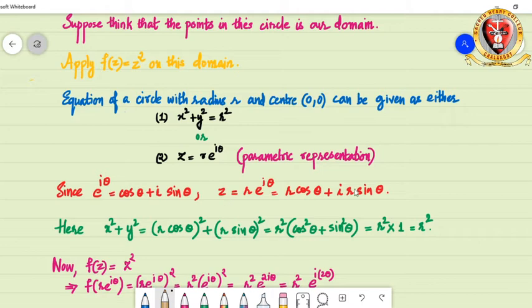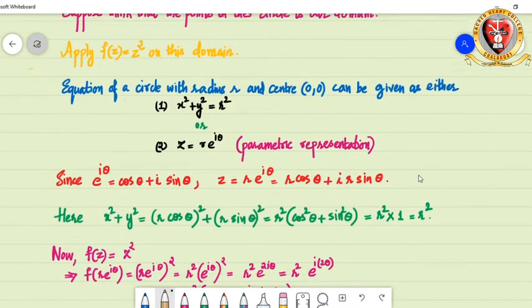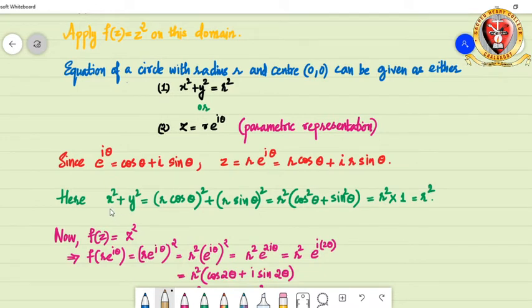So z can be written as r cos theta plus I into r sin theta, and hence x square plus y square, when x is substituted with r cos theta and y is substituted with r sin theta, we know that x square plus y square is equal to r square. So both of them are satisfying each other. So we have the set of all points which lie on this circle with center 0 and radius r.